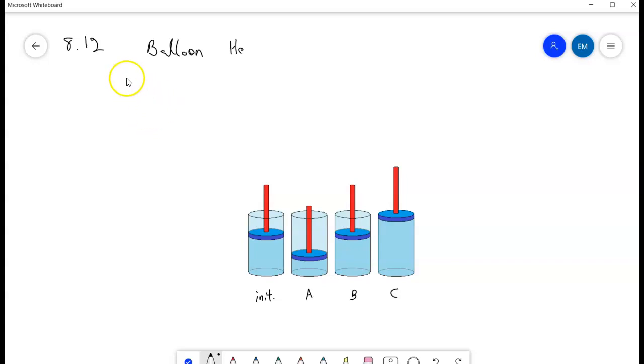Okay, so we have three situations. One, the balloon floats to a higher altitude when the outside pressure is lower. Balloon, higher altitude when the outside pressure is lower.